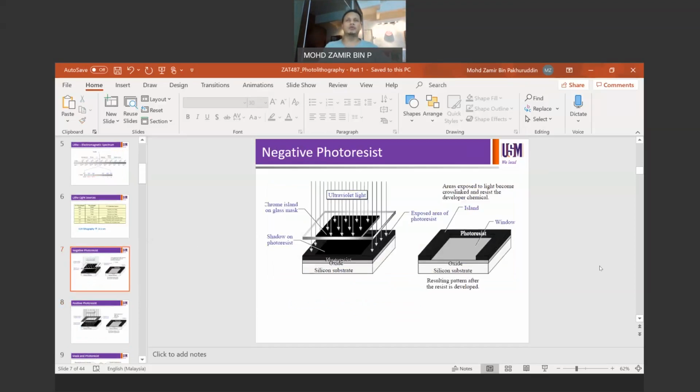Okay, for your information, lithography consists of 3 main steps. I'm going to show you later on. These 3 steps are classified as coating process, exposure process, and development process, or we call it CED: coating, exposure, and development.